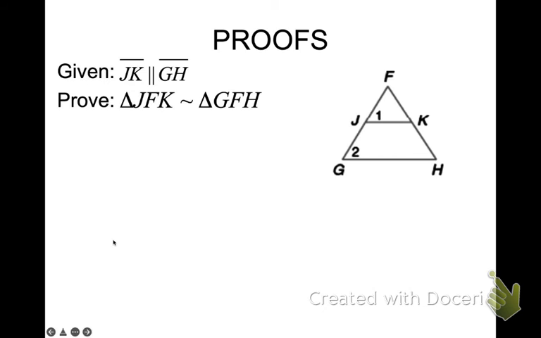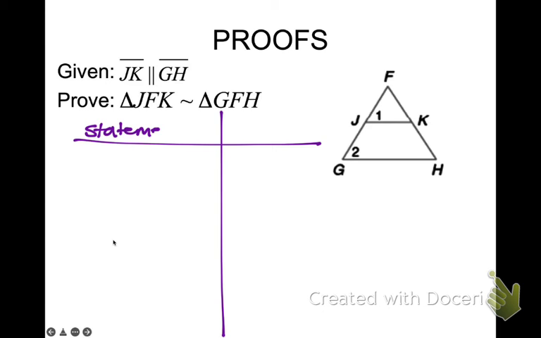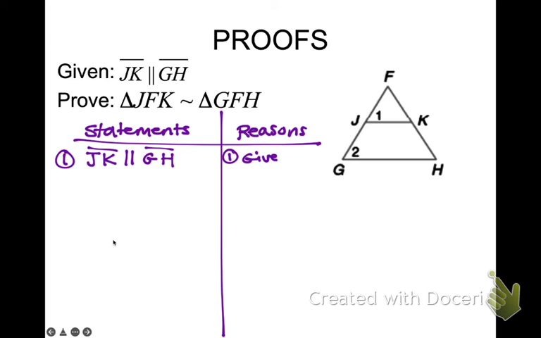All right, number 2. Set up your T-chart. Statements on the left. Reasons on the right. Given. What are we given here? Okay, so JK is parallel to GH. All right, so what do parallel lines give us?